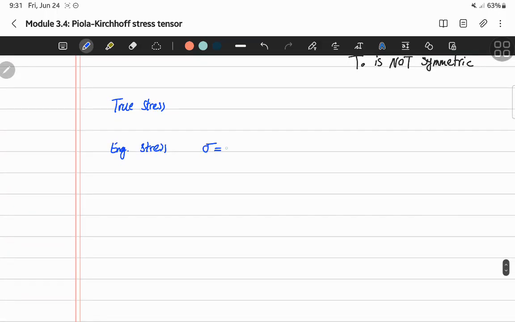So sigma was equal to F divided by A in here. And this engineering stress was basically F divided by the first area of your component or your part. And the true stress was basically, if I put T in here and if I put E in here, F divided by the area of the component at each load increment. So we also made a connection between these two.